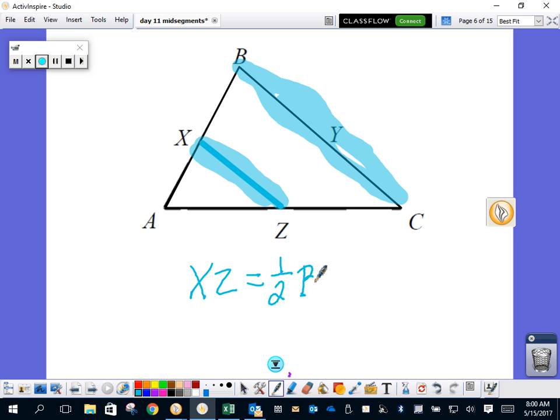BC. And then you know that magically they get split in half. And XZ is the length of BY. And XZ is the length of YC. Okay?